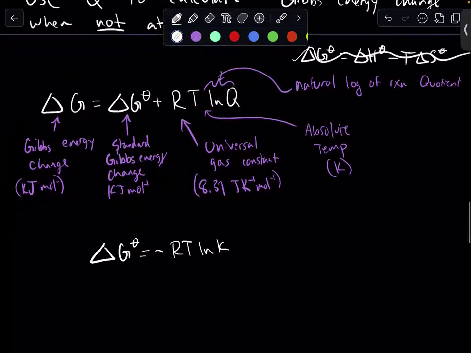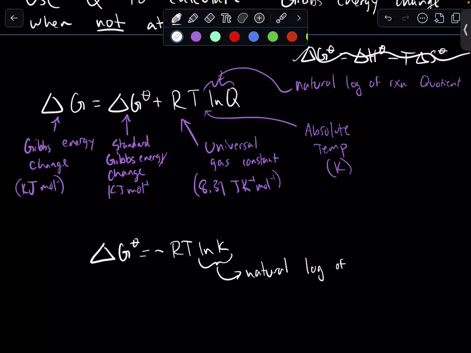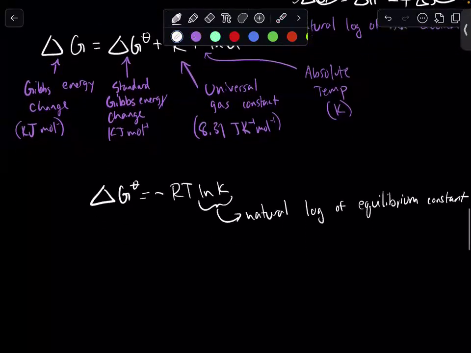The only difference here is we're using the natural log of the equilibrium constant. Furthermore, we have a negative R value. So we can now do a little fun derivation of this.